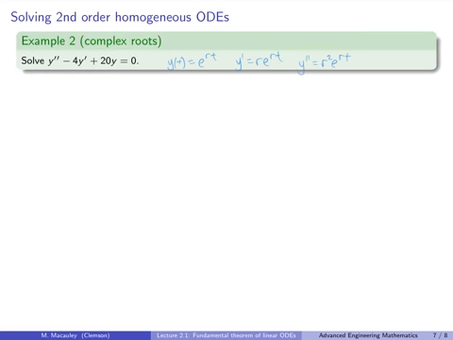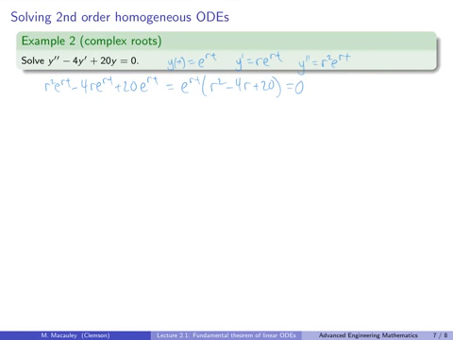Y double prime equals r squared e to the rt, minus 4 y prime is r e to the rt, plus 20y is 20 e to the rt. We factor out an e to the rt and we get r squared minus 4r plus 20 equals 0.